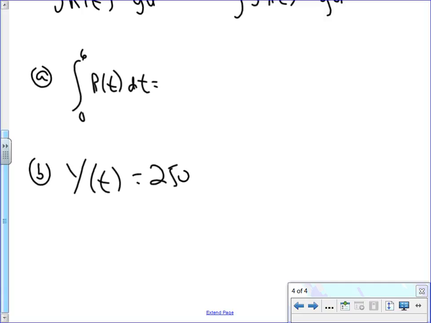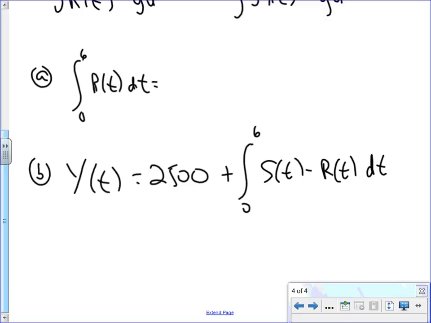So we're going to start with, they're starting out with 2,500. And then what happened? How much did it change? Plus the interval from 0 to 6 of what? Of how much went in minus how much went out. And this does turn out to be a positive number, so you have to put a minus.